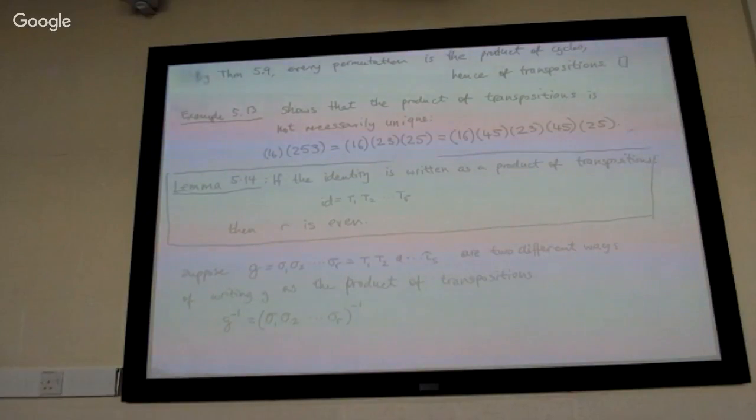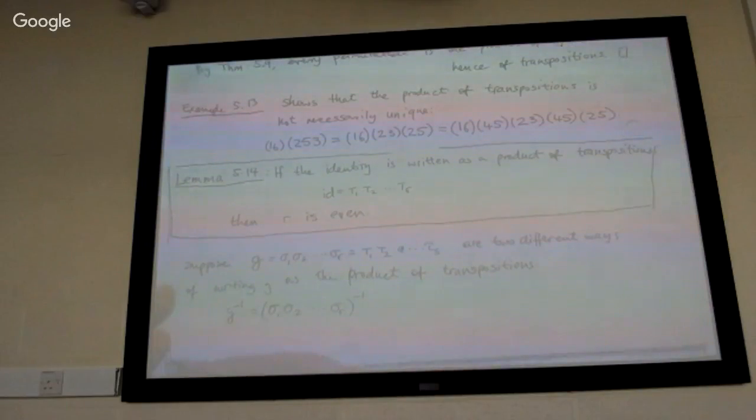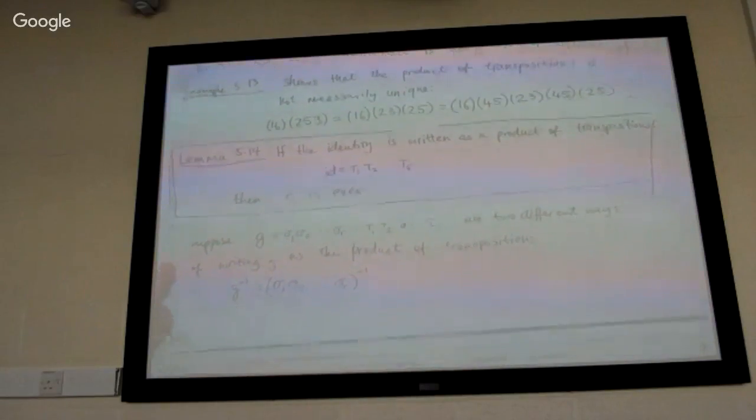Have you? No? Okay, so I'll put a note here. When you take GH and multiply it by H inverse G inverse, by associativity you can do whatever you want first.